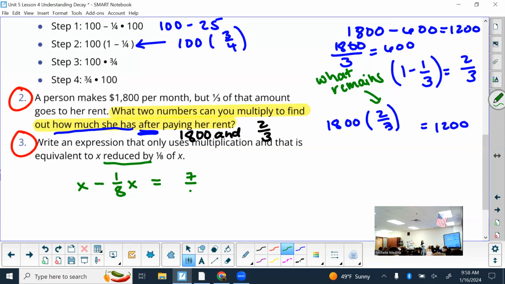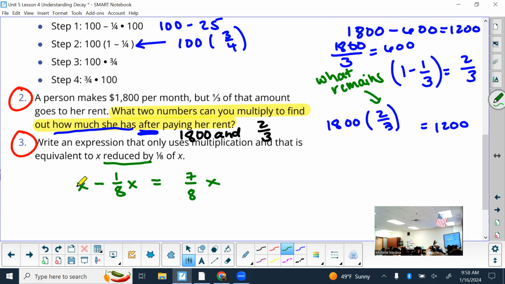Seven eighths. And 7/8 what? We're missing something else. X. That's it. Doing this math on the left is the same as doing that math on the right.